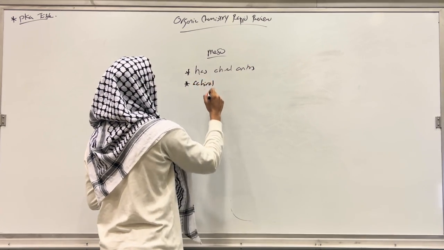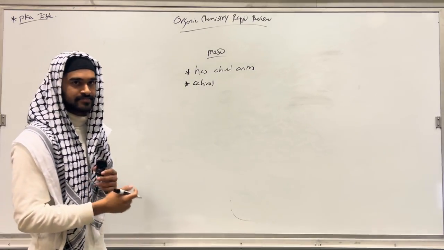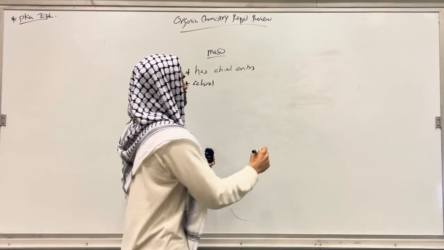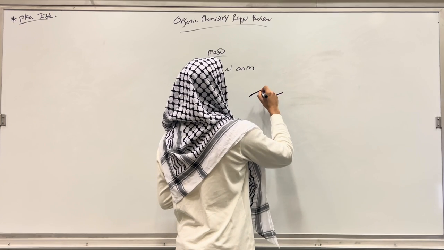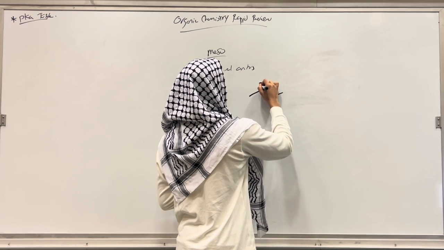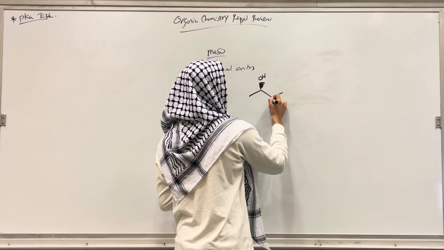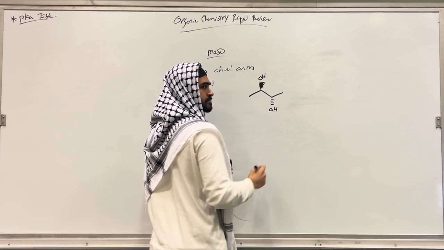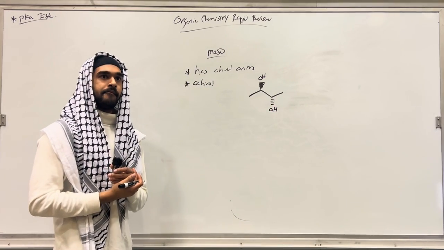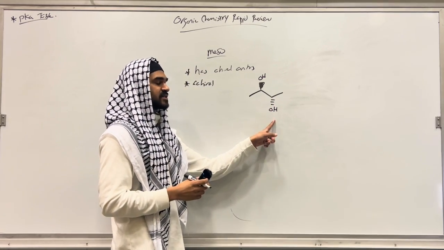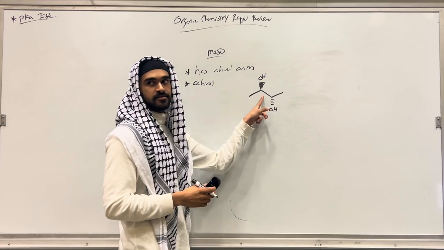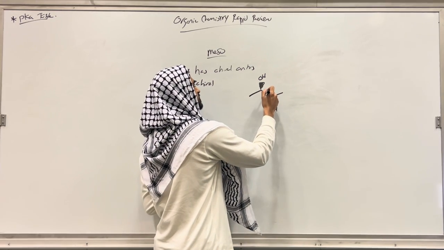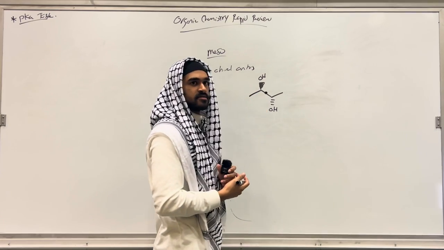It's achiral because it has symmetry. A very good example is this. That's a chiral center, and that's a chiral center. There's a center of symmetry right here.